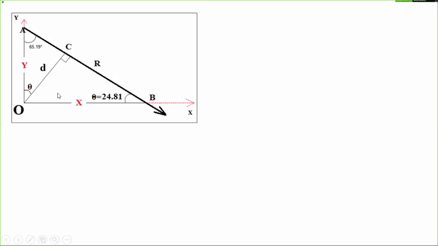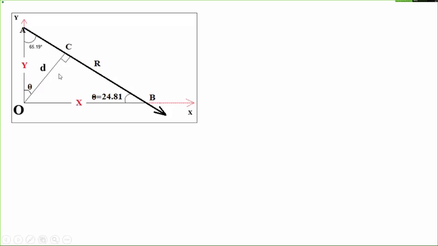Cos theta means adjacent side upon hypotenuse. Adjacent side is CB, upon OB. CB upon OB. Now tell me, what is sin theta? OC upon OB. Yes, sin theta is nothing but OC upon OB.